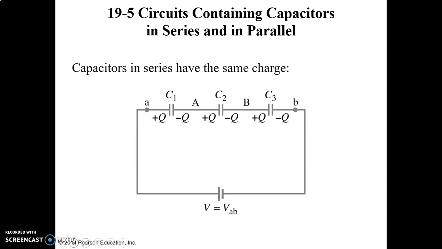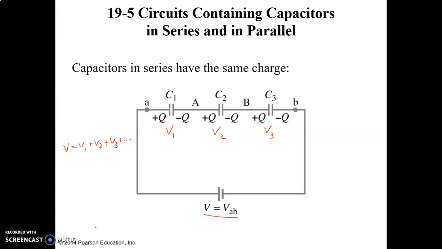Let's look at series. Now, when talking about voltage, you have a certain amount of voltage here, then you're going to have a certain voltage drop across each resistor. Likewise, here in a series circuit, the total voltage available from the battery is going to be divided among the capacitors. So your terminal voltage is going to be V1 plus V2 plus V3, and so on.